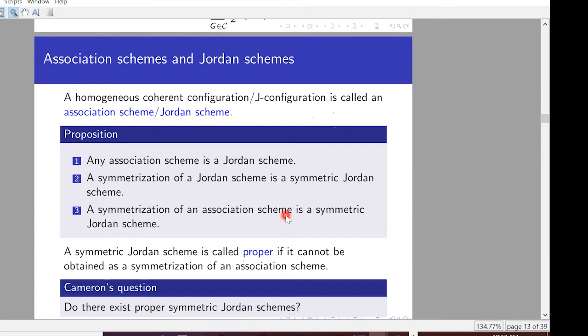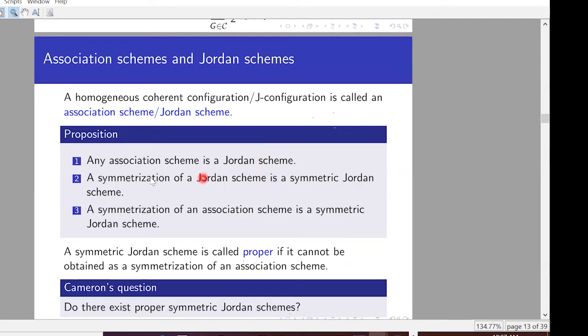And also a homogeneous Jordan configuration is called a Jordan scheme. So now I can adapt what we already learned about configurations to association schemes. Any association scheme is a Jordan scheme.